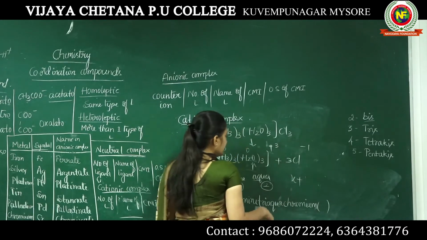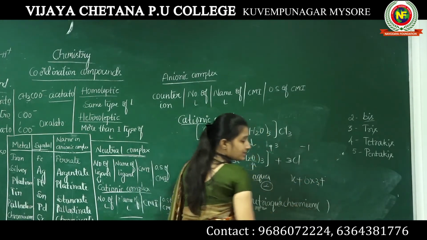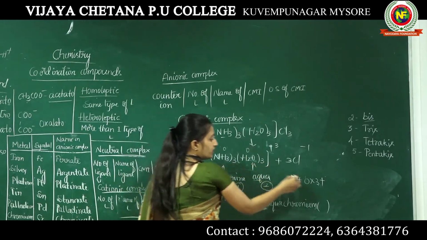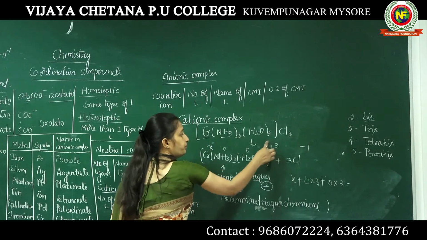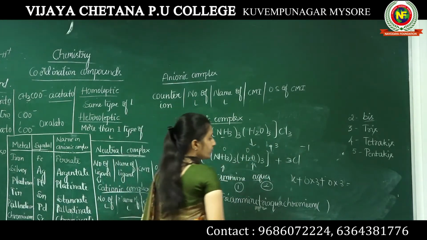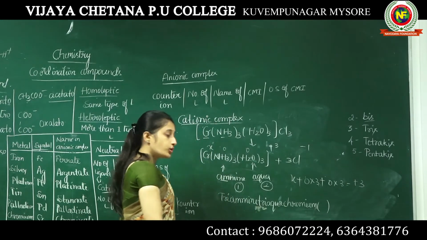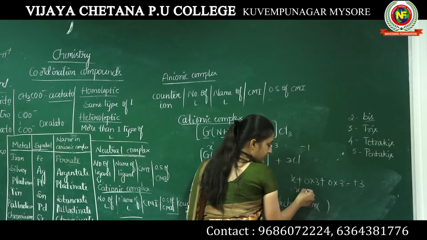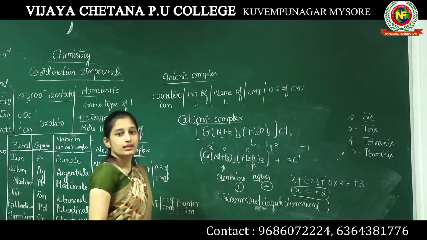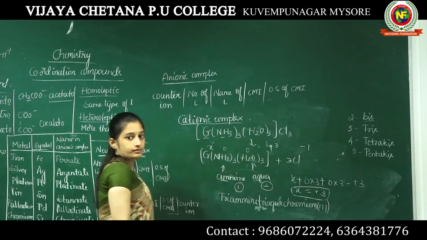X plus 0 into 3 plus 0 into 3 is equal to the overall charge, plus 3. So X plus 0 plus 0 is equal to plus 3. What is the oxidation state? Plus 3.